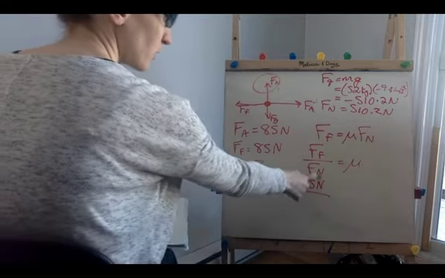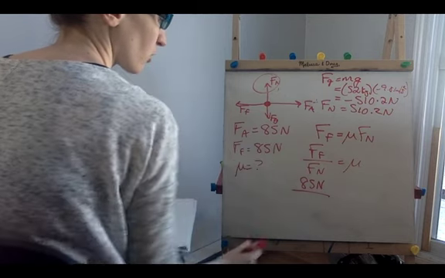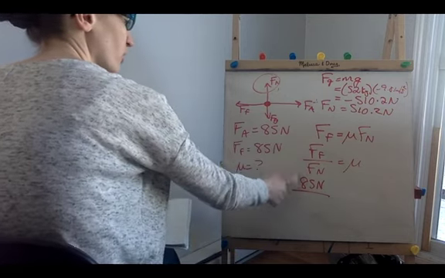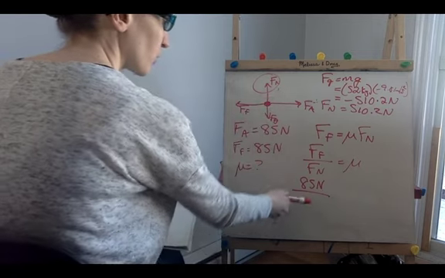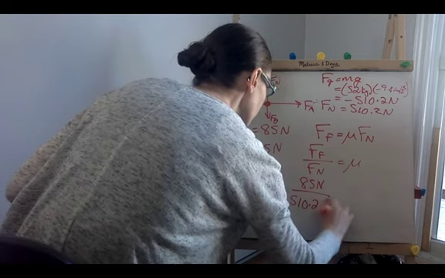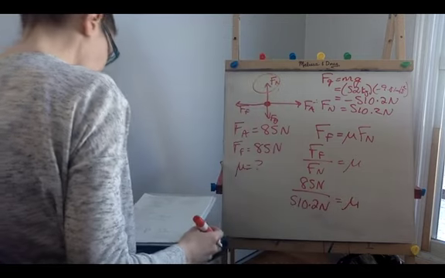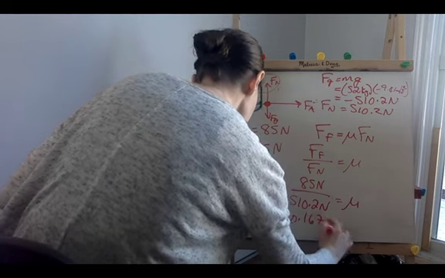Now going back to the question, our force of friction divided by our normal force is our coefficient. Force of friction was 85, because it's at a constant speed. We divide it by our normal force of 510.2 newtons, and that gives us a value of 0.167.